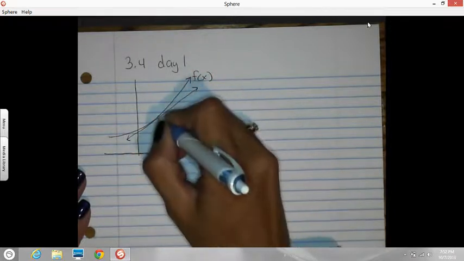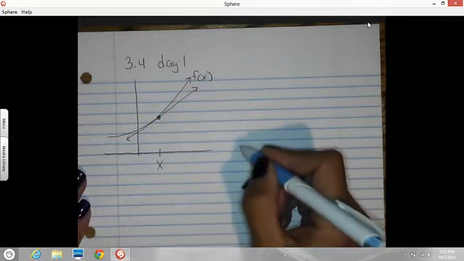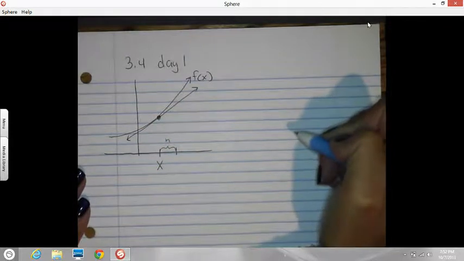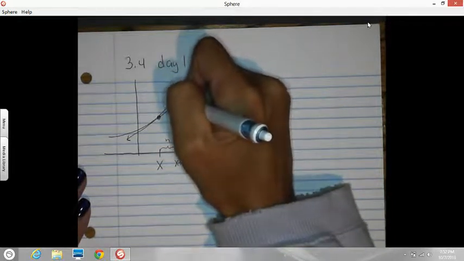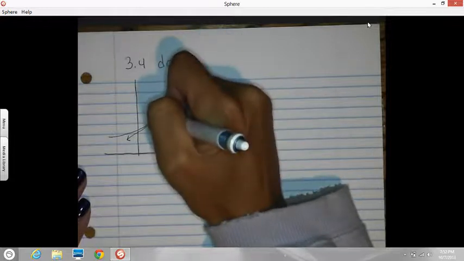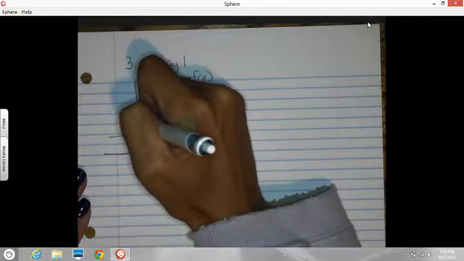And we can use limits to help us get that slope, because if we move some horizontal distance away from x, this new x value would be x plus h, and that would also have a point on the function. So this one would be f of x. This other one would be f of x plus h.